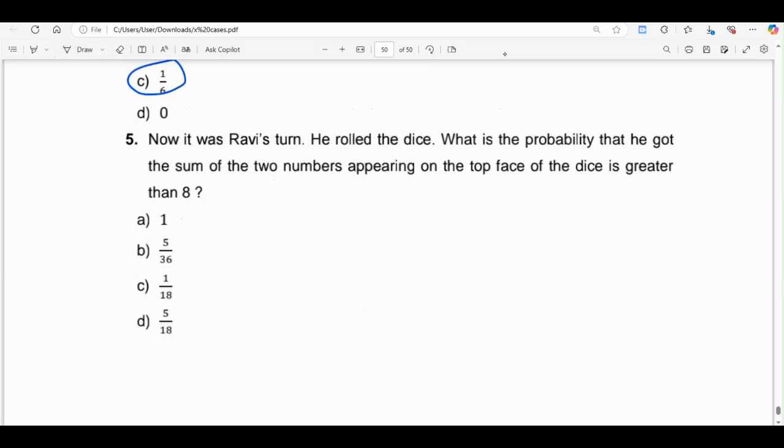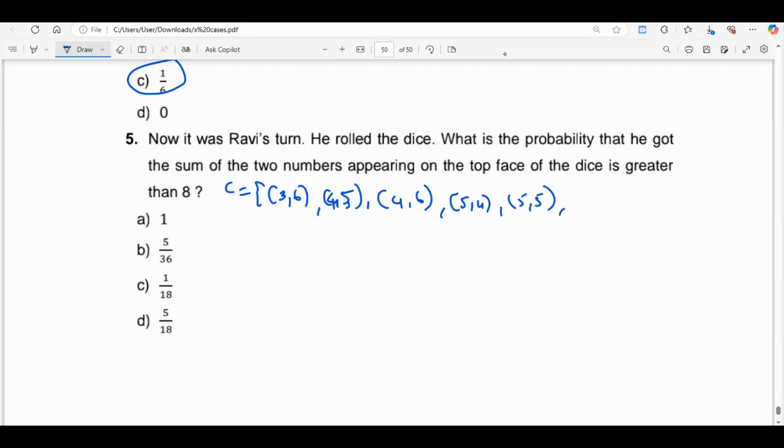Then the next question. Now it was Rahul's turn. He rolled the dice. What is the probability that the sum of the two numbers on the top faces of the dice is greater than 8? So the sum should be greater than 8. What are the outcomes we have? 3 comma 6 is 9, 4 comma 5 is 9, 4 comma 6 is 10, 5 comma 4 is 9, 5 comma 5 is 10, 5 comma 6 is 11, 6 comma 3 is 9, 6 comma 4 is 10, then 6 comma 5, and then 6 comma 6.